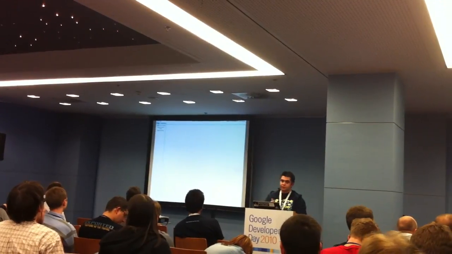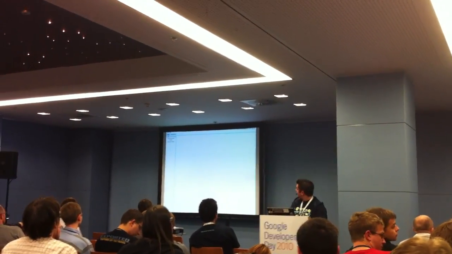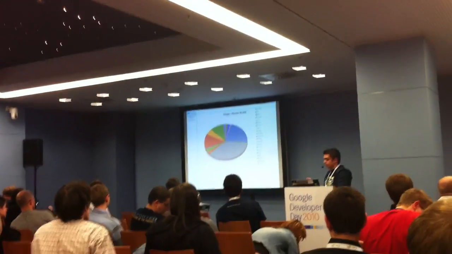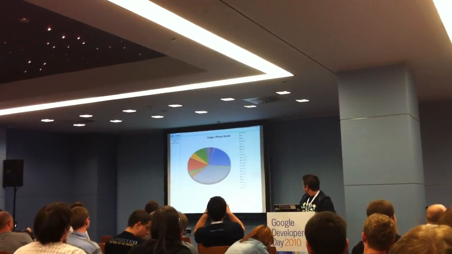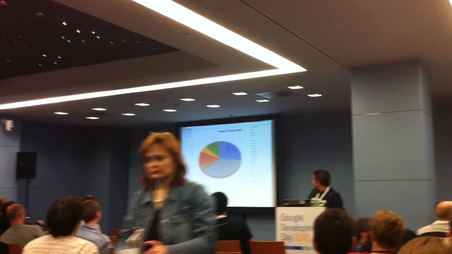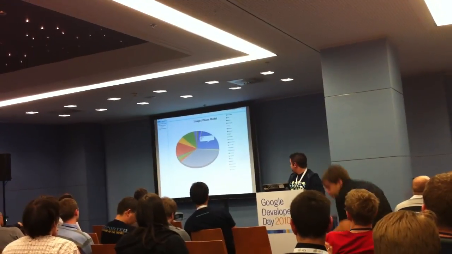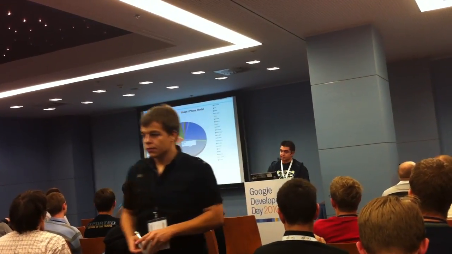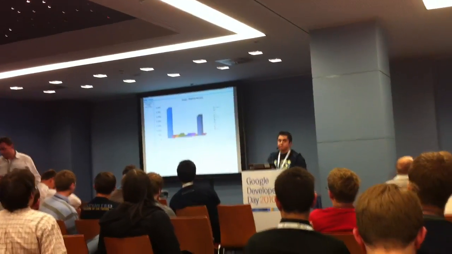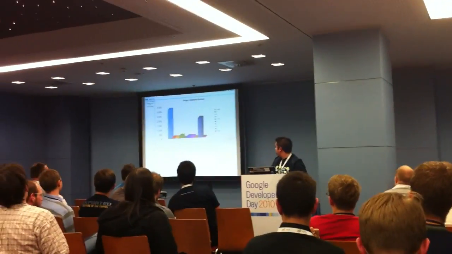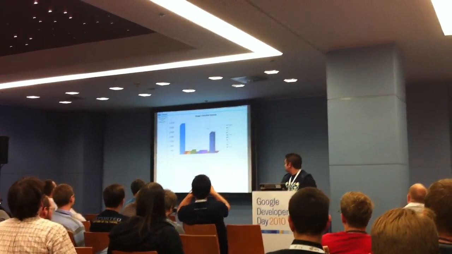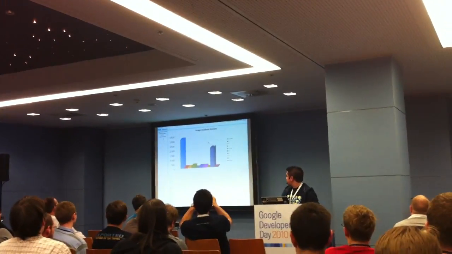I think usage statistics are a bit more interesting. For example, we can see that we have quite a lot of Nexus Ones, like Valio. We have some more Milestones, but we do have a lot of HTC Desires. About Android versions, for example, we have a lot of Android 2.1 and some 2.2, and very few of the other versions.